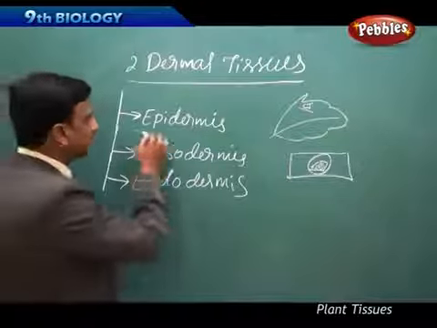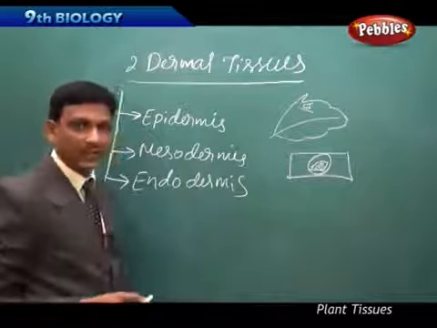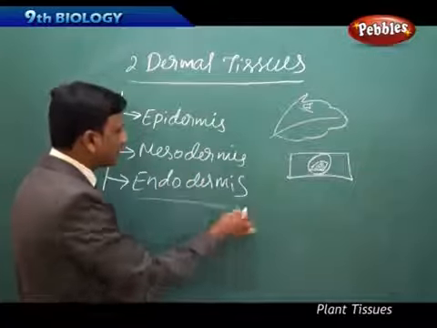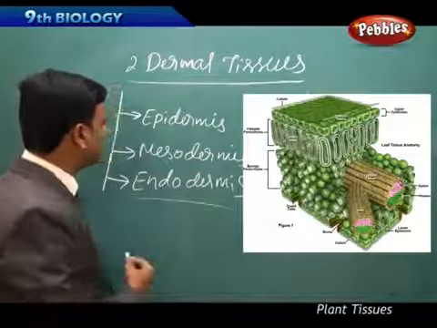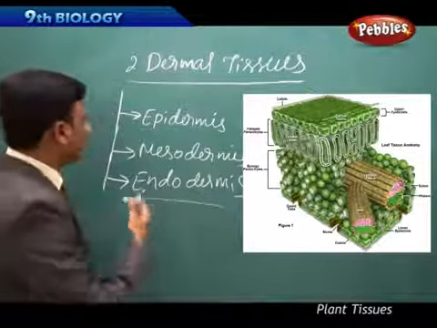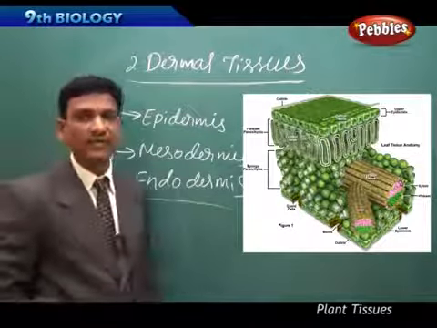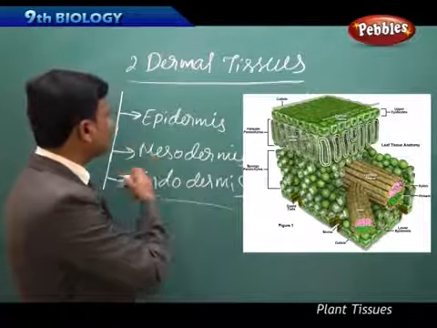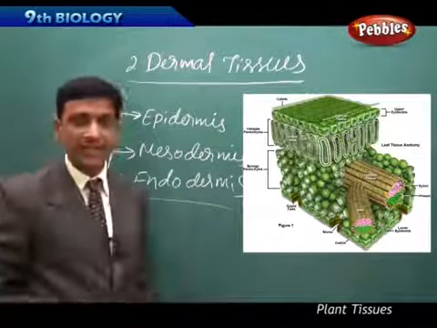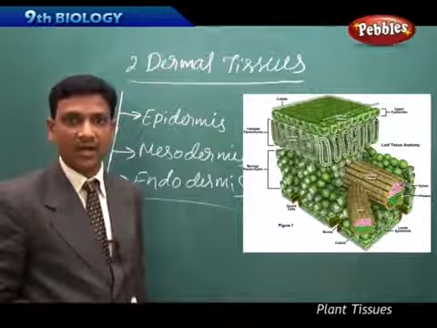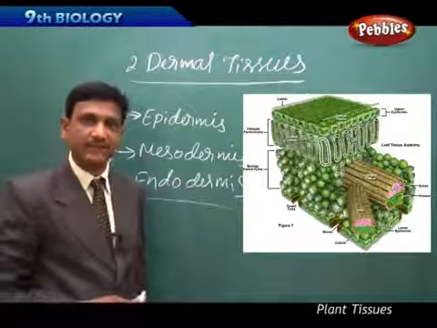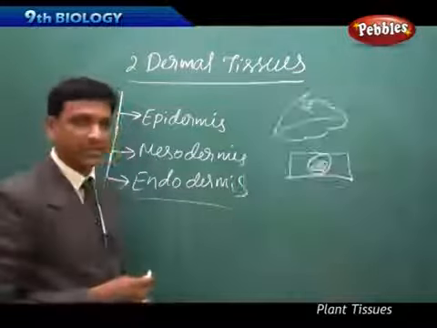Epidermis is the outermost covering of the plant, whereas the mesoderm is the second and endodermis is the inner layer of tissue. If you observe the epidermis, there is a lot of variation. When you compare meristematic tissues to dermal tissues, the dermal tissues are a bit hard. Meristematic tissues are very soft when compared to these dermal tissues.